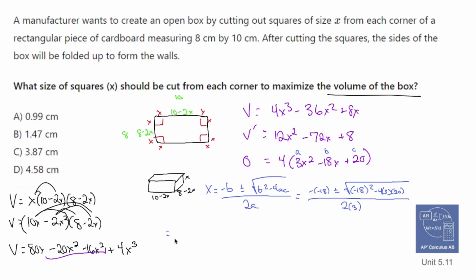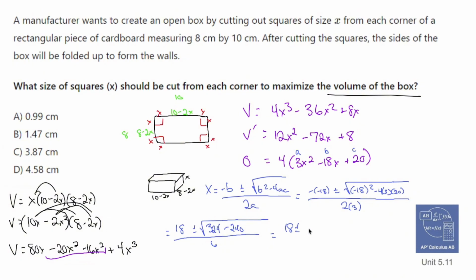All right, so the double negative, 18, plus or minus 18 squared is 324. Took me a minute there. Negative 4 times 3 is 12 times 20 is 240, but the negative version of it, all over, that'll be 6.